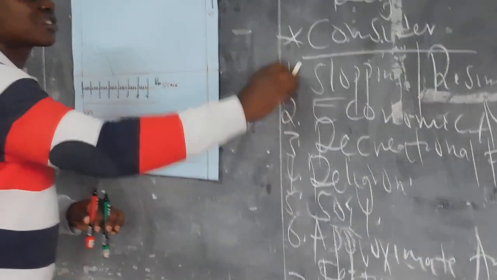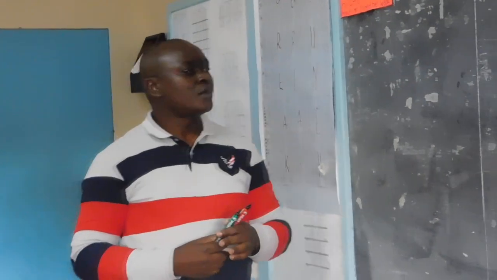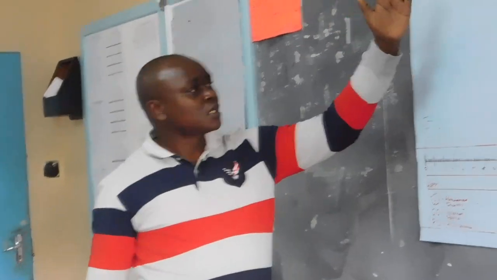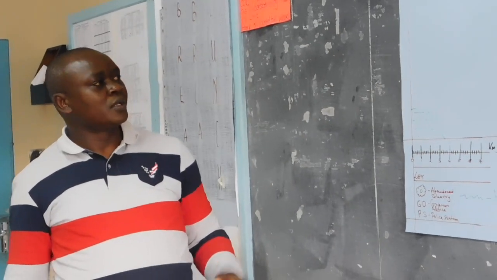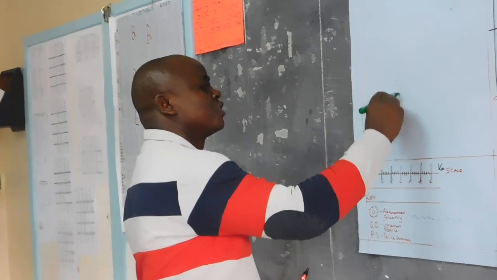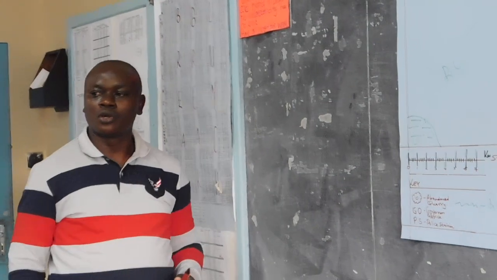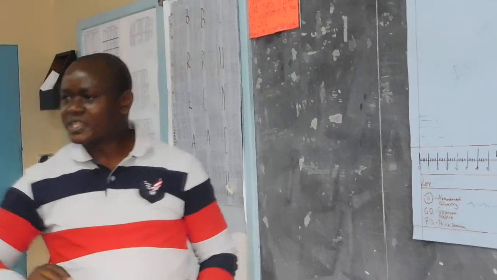I'll start with the first one because of the river that I've drawn. You find a question being sent in this format: River Ojijo slopes from. If you're asked River Ojijo slopes from, what will be the answer?